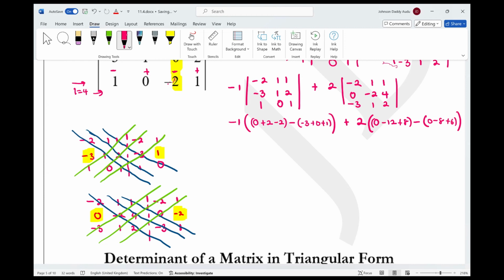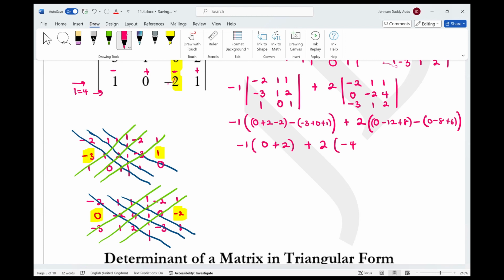Okay, so this is what we have. So here is going to be minus. This and this will go. So this is 0, everything here. And this will be -3 plus 1, which is -2. So this will just be plus 2. Then plus 2 here. This is -8, -12 plus 8. So you have -4.